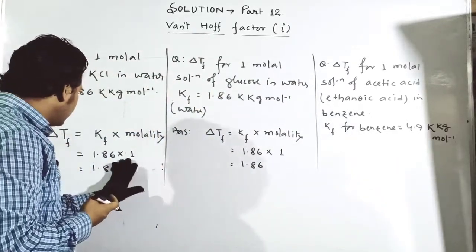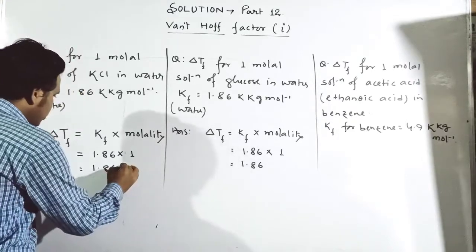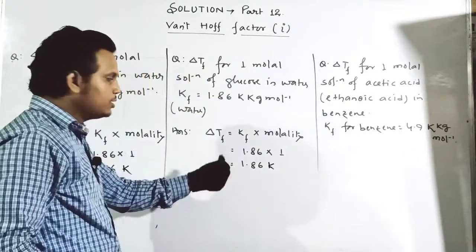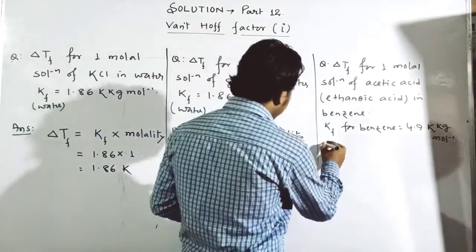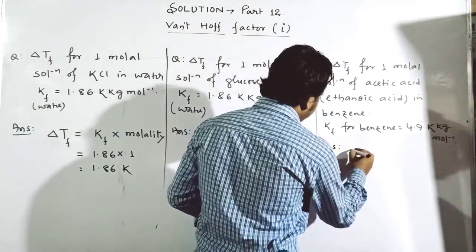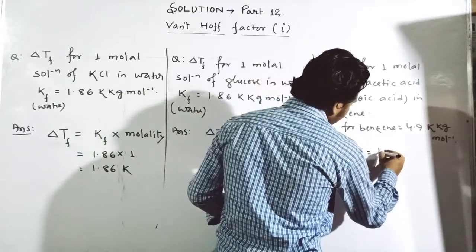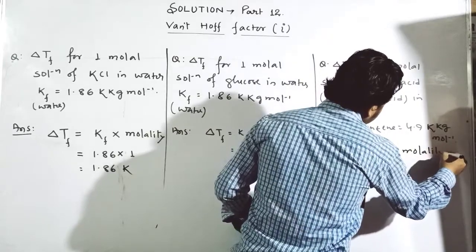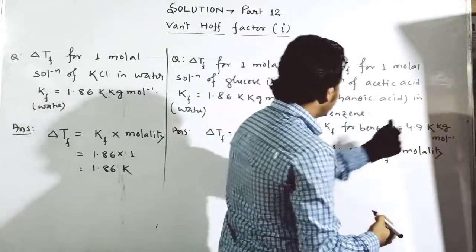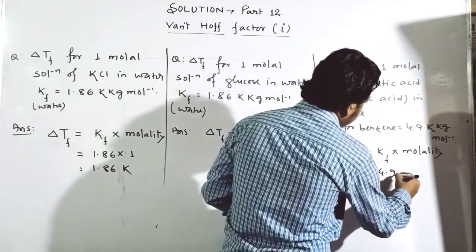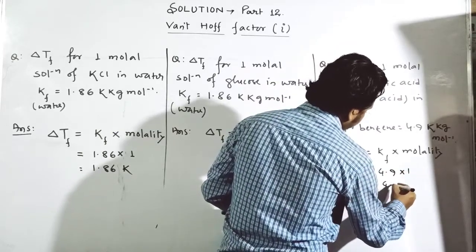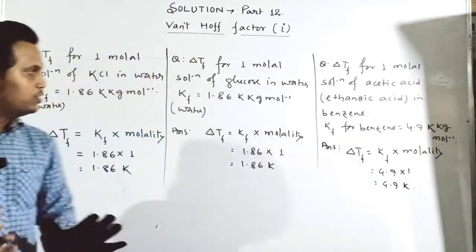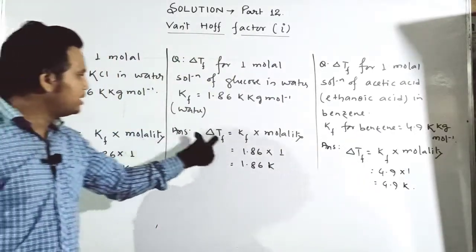Elevation or depression in freezing point is nothing but a temperature, so Kelvin. Now here, del Tf equal to Kf into molality. Kf is given as 4.9. Molality is 1. That is 4.9 Kelvin. So this we have found for del Tf.